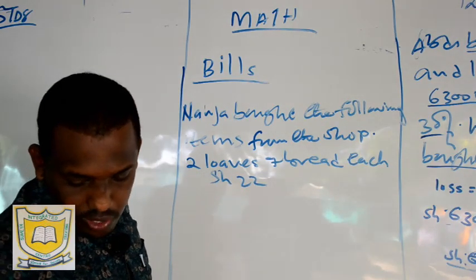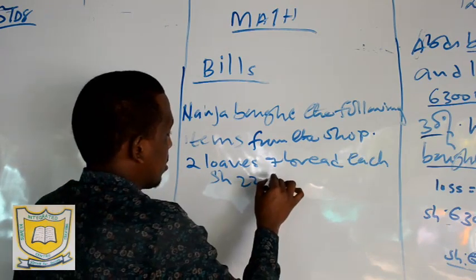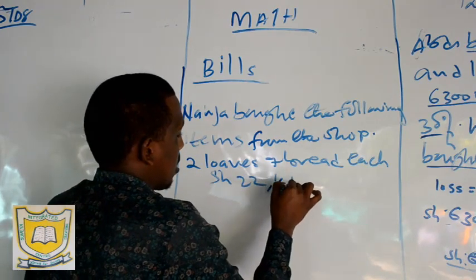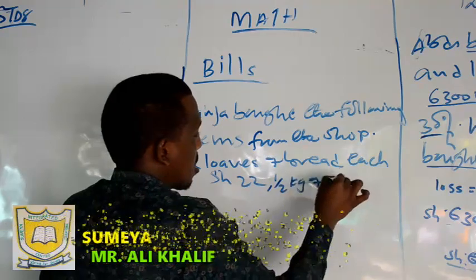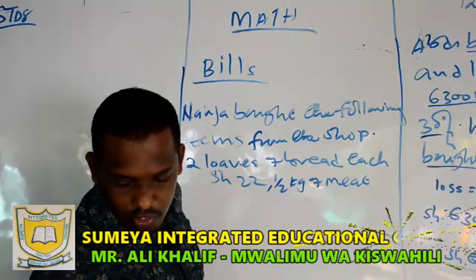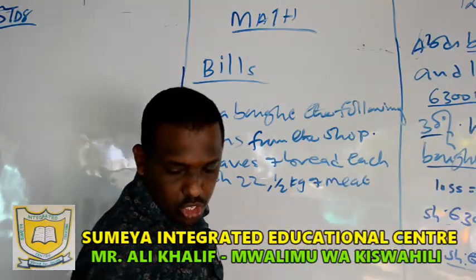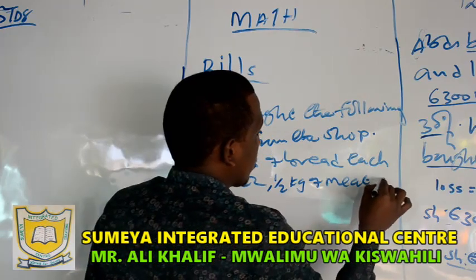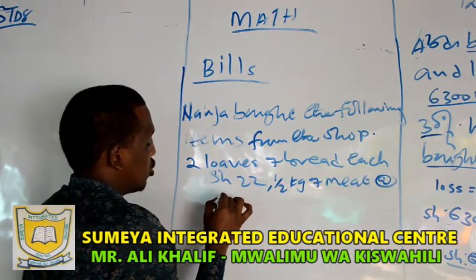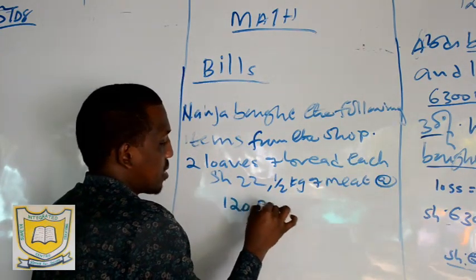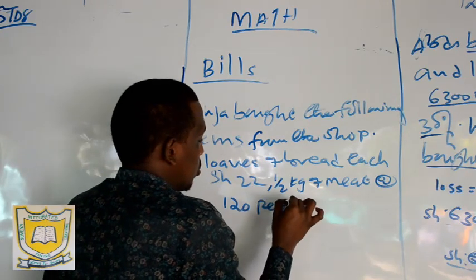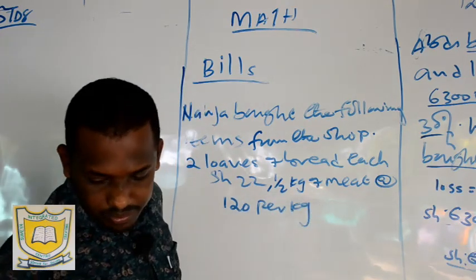A half kg of meat at shillings 120 per kg.